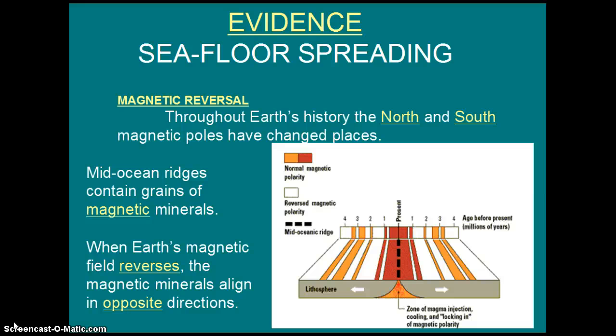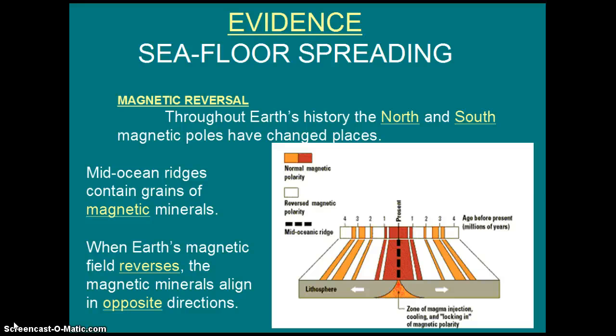There were many fossils of plant and animal species that were found on different continents and different sides of the ocean, and many of these species could not have crossed the ocean on their own. So this showed a similarity between the different continents. Third, there were the glacial grooves that were very similar on Antarctica and many of the different continents.